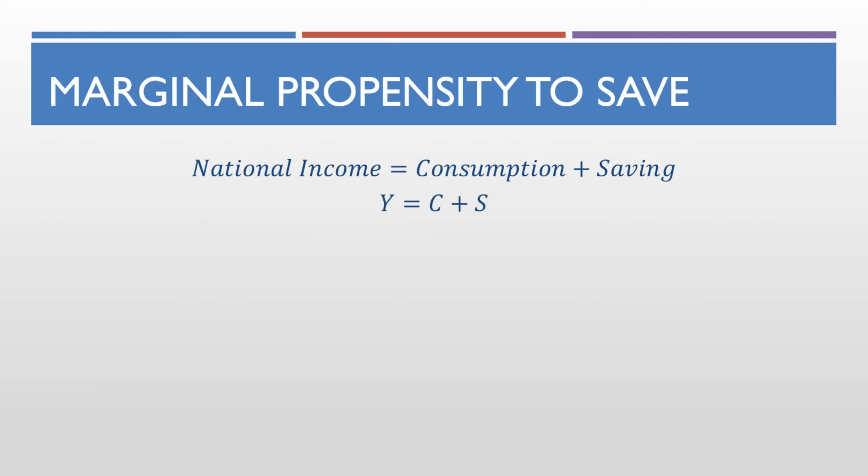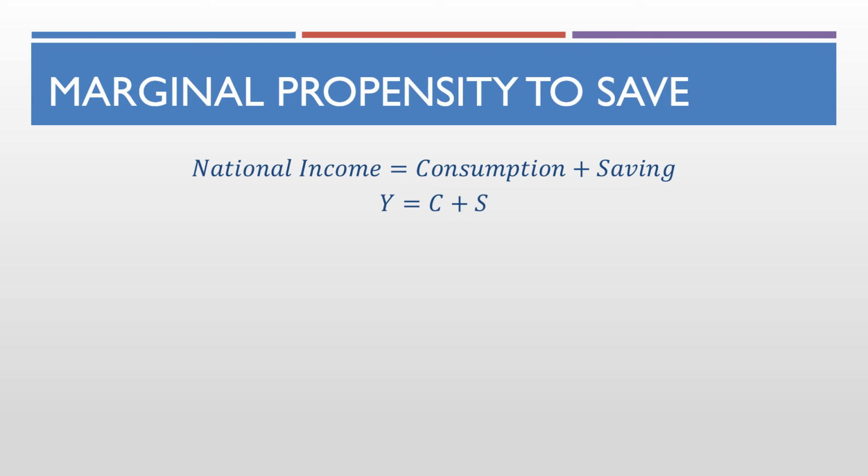Now, I would like to suggest you think about, in this simple model, that total national income is basically split into two. It's the money that you spend to buy goods and services, and of course, you should always have leftover. The leftover will go into saving.